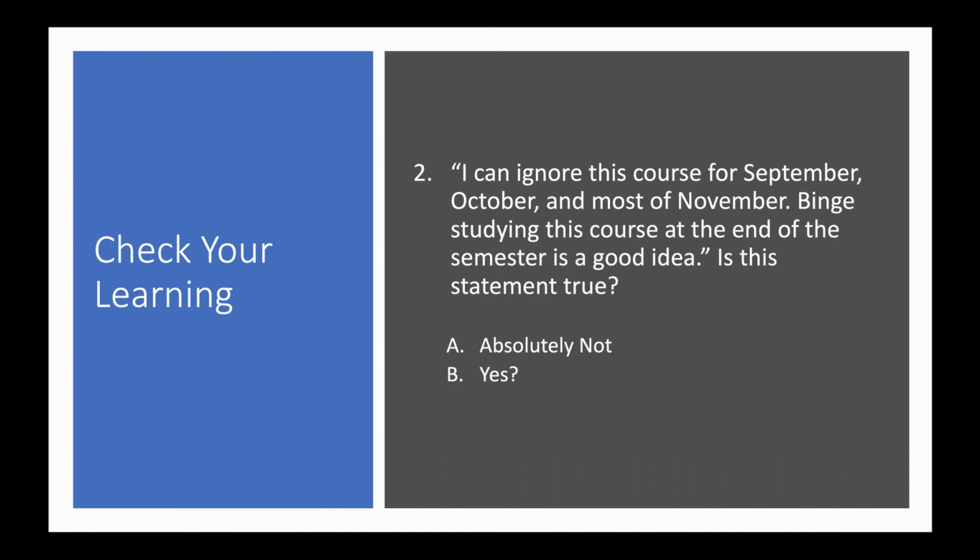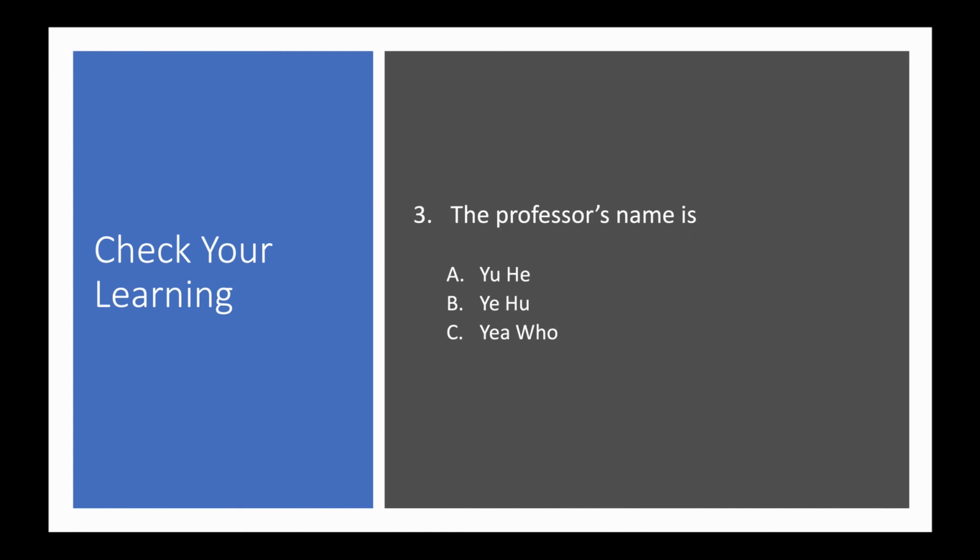I can ignore this course for September, October, and most of November. Binge studying this course at the end of the semester is a good idea. Is this statement true? A, absolutely not. B, yes. 3, the professor's name is Yu He, Yehu, or Yehu.